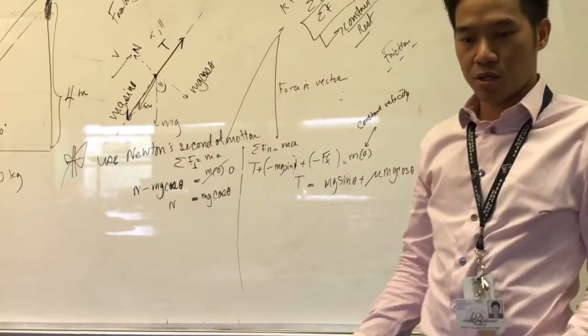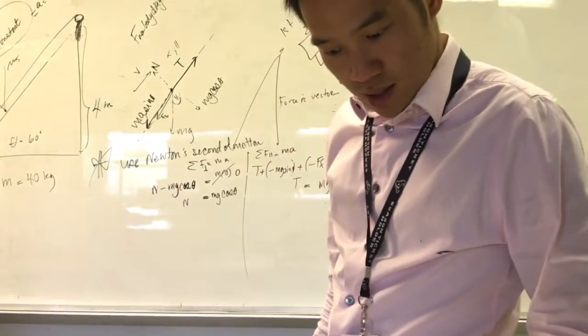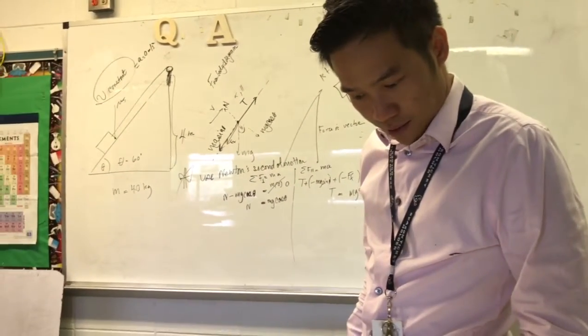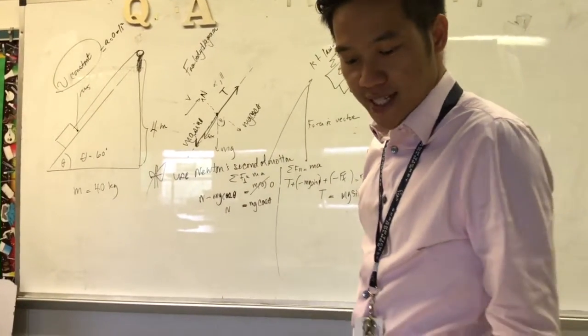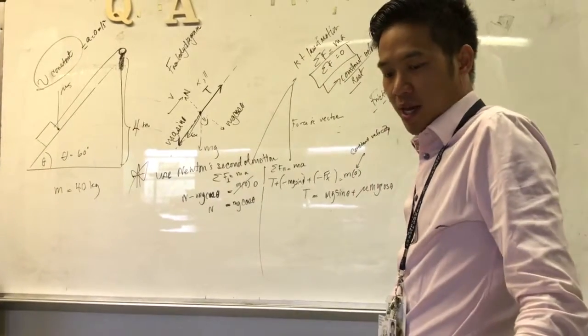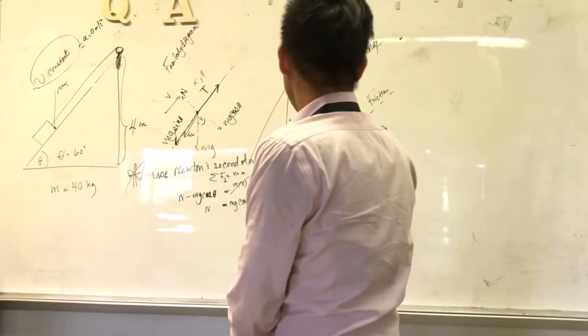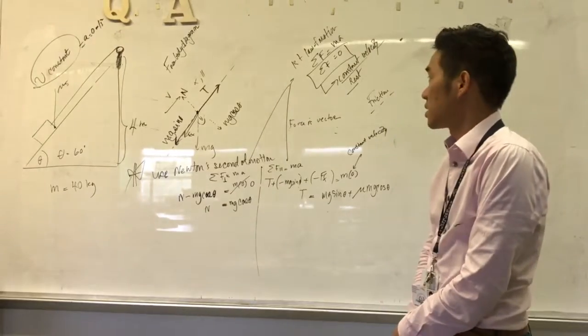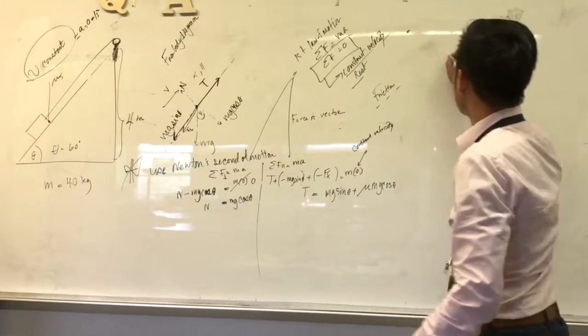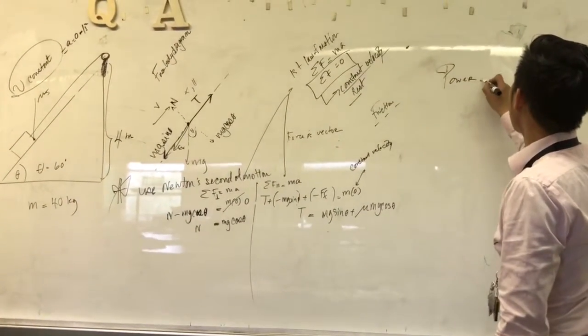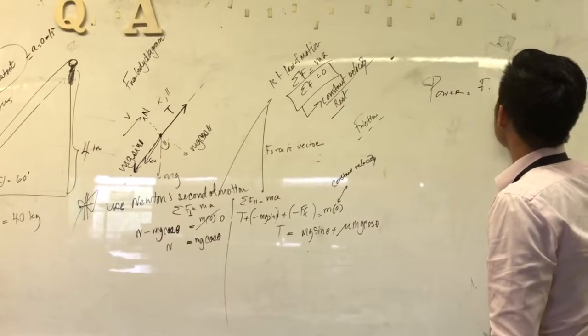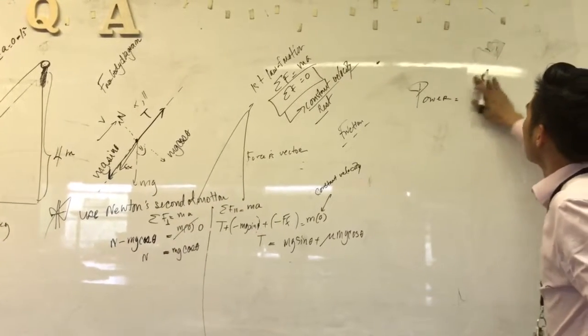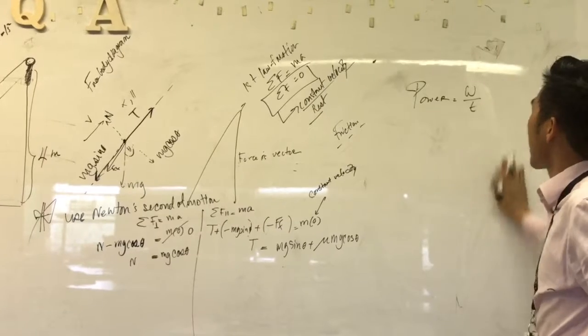Now your task is to determine the power. Can you tell me the formula for power? Power equals force times velocity. Actually, power is equal to work divided by time.